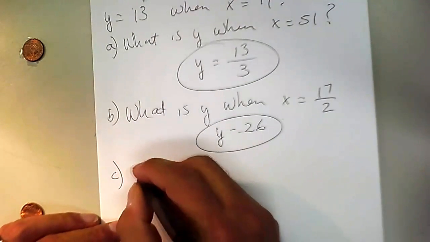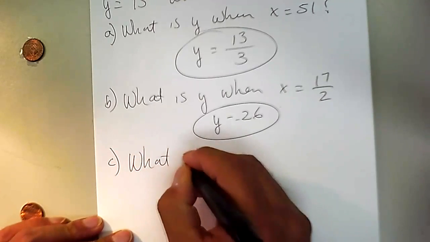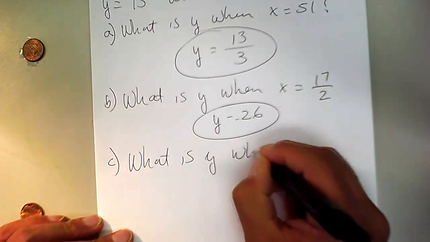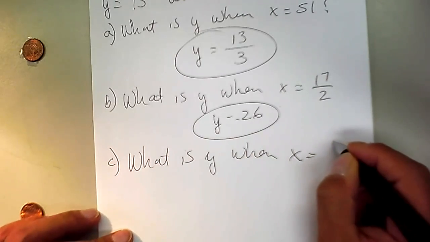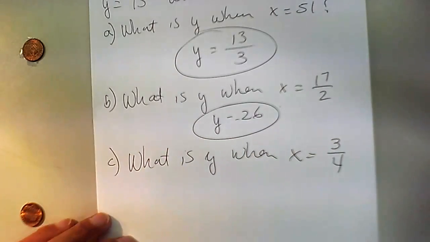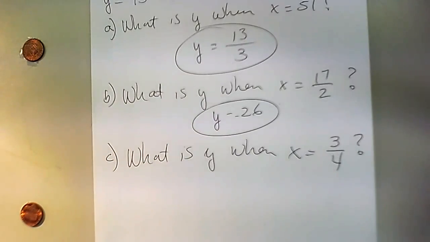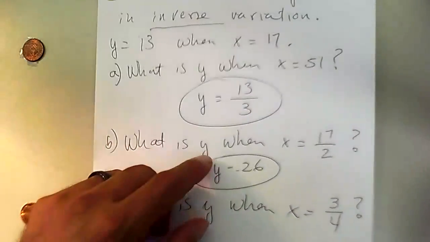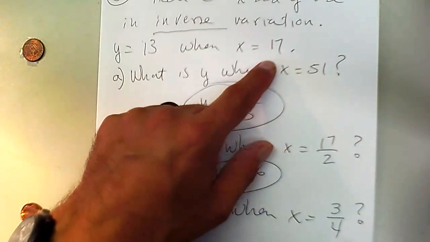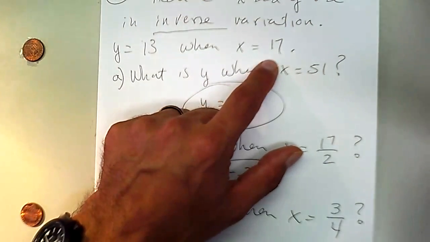But now let's do one that is really, really difficult. What is Y when X equals 3/4? Question mark. Okay, so we are now doubling the 17. 3/4 has no relation to, I don't see the relation.